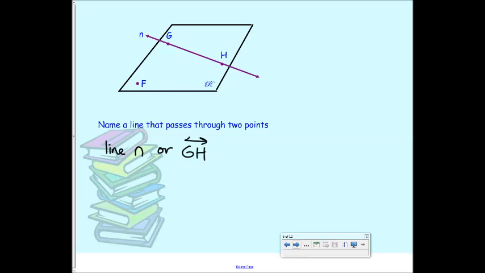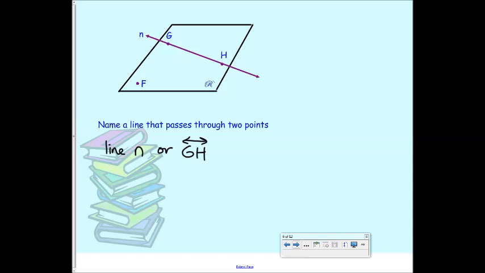Why? It's part of it, and it's not just because I'm OCD or over the top. If you don't have anything on top, I could also be talking about a segment or a ray, right? So this geometric notation is not important just because I want it this way. It's important because otherwise I don't know what you're talking about. If you put this, that's fine. If you name it like this, that's also fine, but this is considered proper geometric notation.